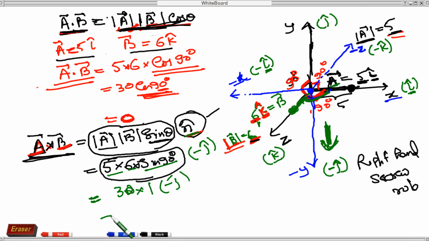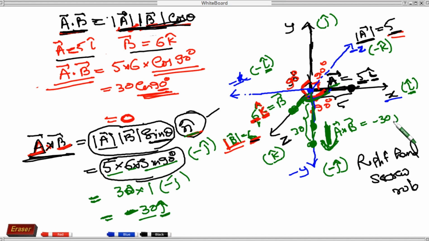So here, minus 30j. A cross B is equal to minus 30j.